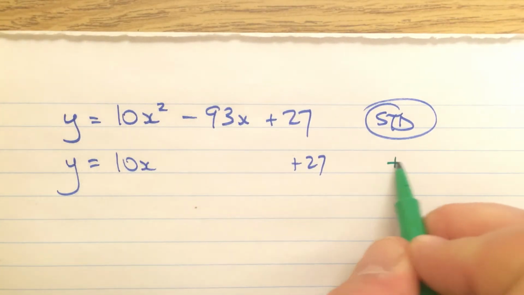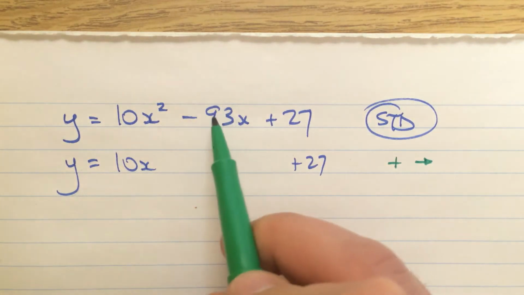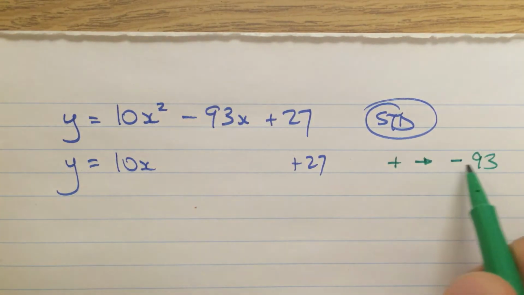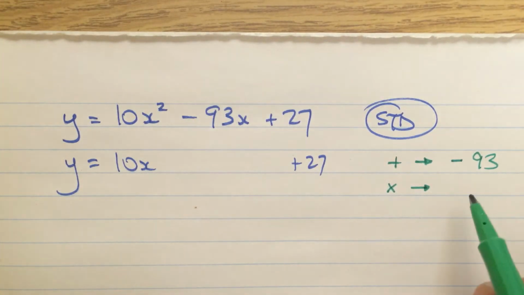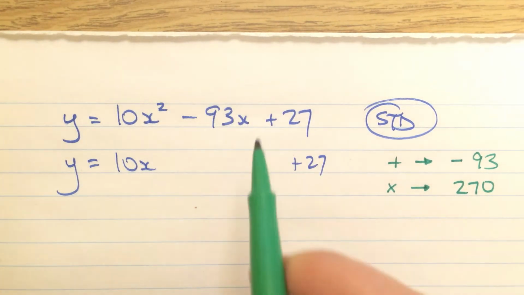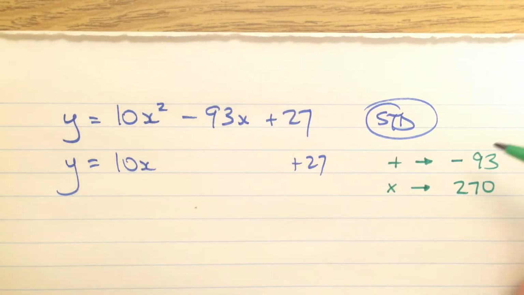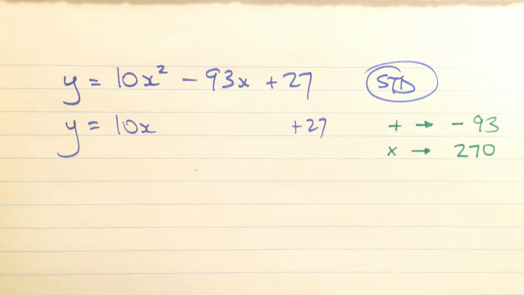They're going to add up to that middle number, negative 93. Make sure you watch that sign. And they're going to multiply together to give me 27 times 10, which is 270, and that's a positive number because these are both positive. I have two numbers that add up to a negative number, multiply to a positive number. They have to both be negative numbers.